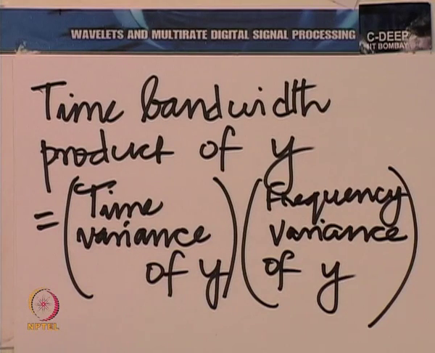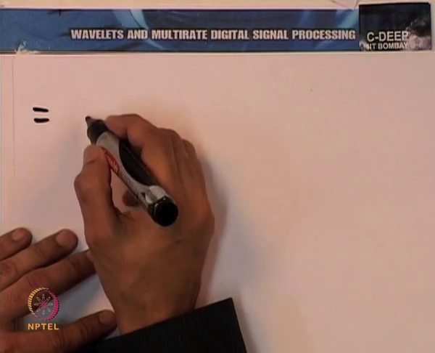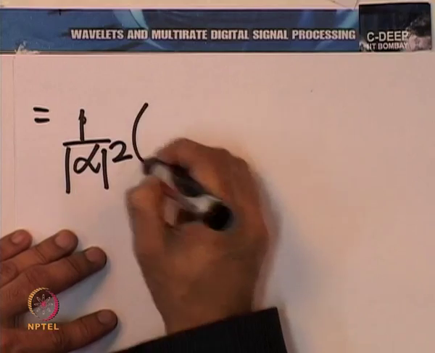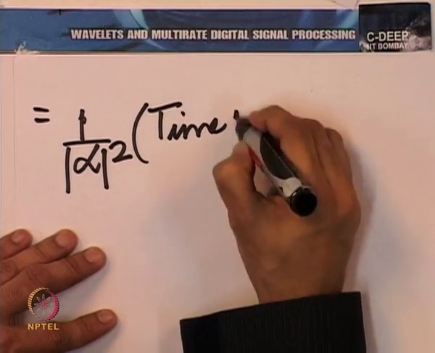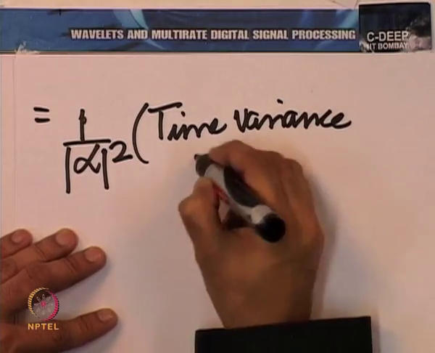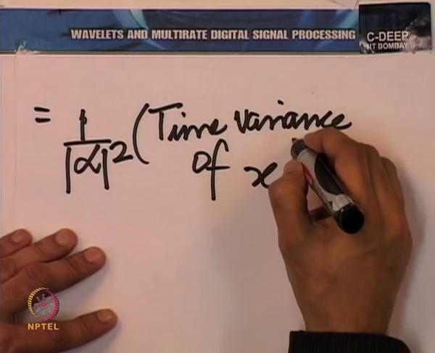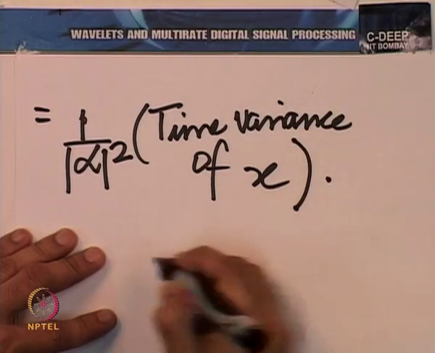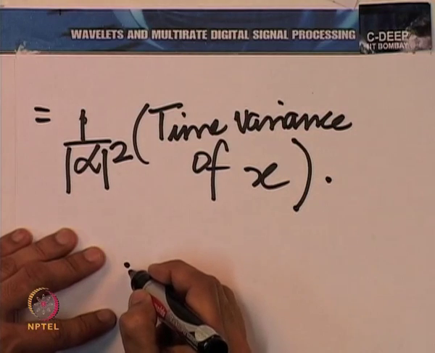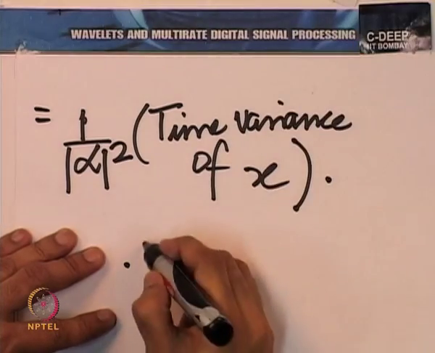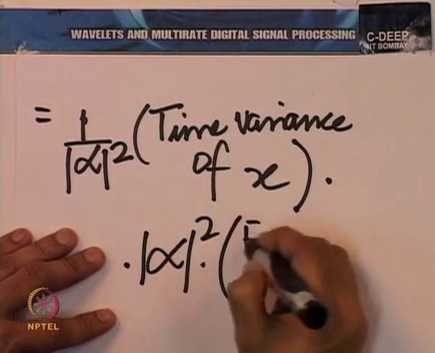But the time variance of y by this argument is clearly seen to be one by mod alpha squared times the time variance of x, multiplied by the frequency variance of y, which is mod alpha squared times the frequency variance of x.